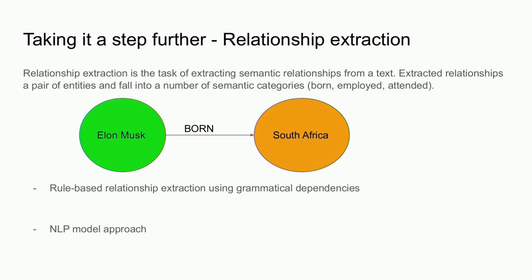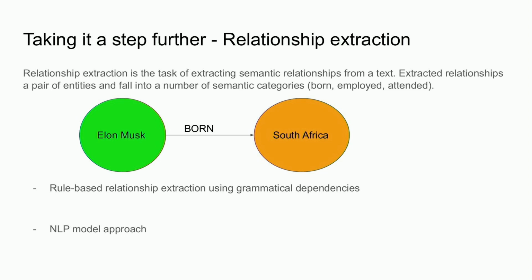Those categories of relationships are usually categorized. So for the readability of your knowledge graph, you can have some categories of relationships that you want to infer between a pair of entities.